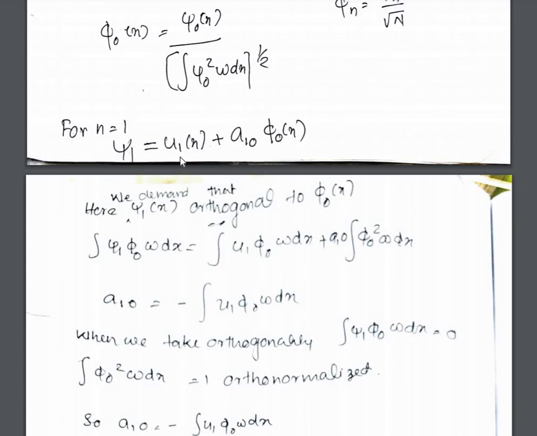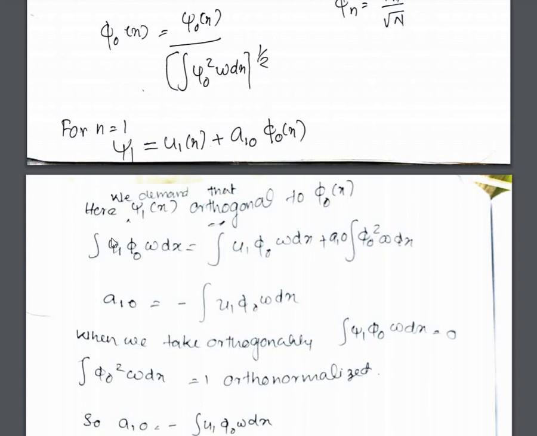So u1 of x phi 0 of x w of x dx plus a10, a constant we can take outside, a10 integral phi 0 square w of x dx. So these are orthogonal, so this term vanishes and this is normalized. So integral phi 0 square w of x dx is equal to 1. So from that we can calculate what is a10.